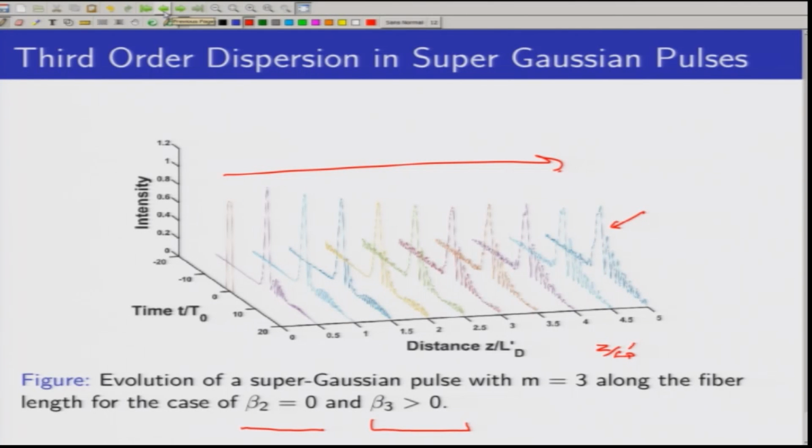Another thing is the sign of beta 3. If we are operating in the region where beta 3 is less than 0, then the effects on the trailing edge would reflect on the leading edge of the pulses. So, if we are seeing distortion here, in case of beta 3 less than 0, we will see distortion on the other side.